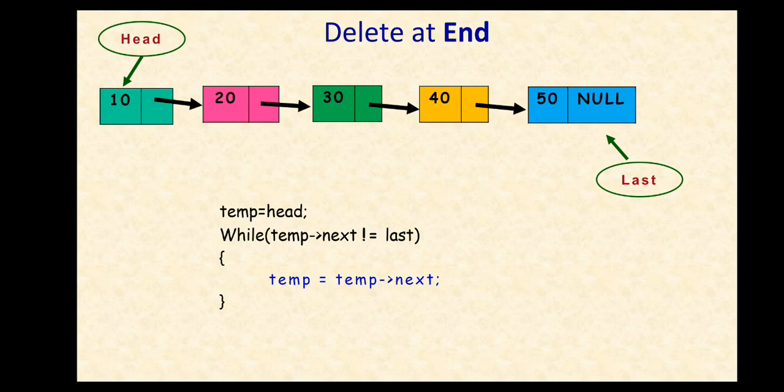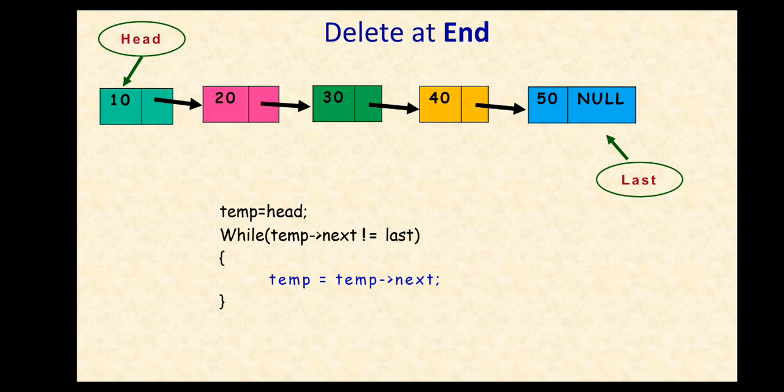Because if temp next is equal to last, that means temp is pointing to the last but one node. Once temp points to the last but one node, I can stop there and implement my logic. So this while loop is only to take temp to the last but one node. If temp next is not equal to last, I write temp is equal to temp next.